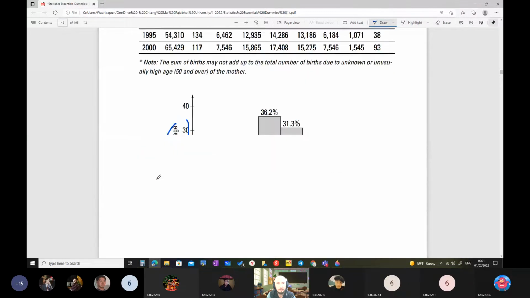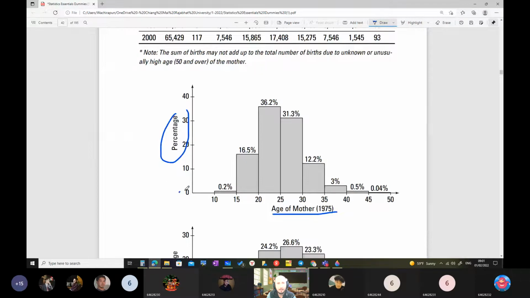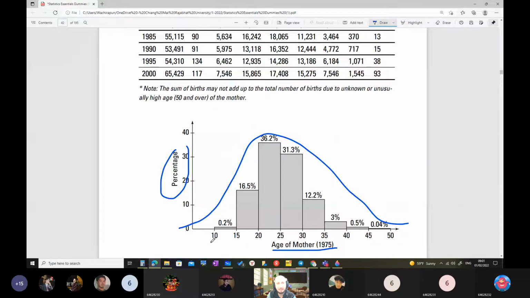Okay, so look, this looks like a normal distribution, right? So age of mother. Some mothers were 10, some mothers were 15. She is 15, she has a baby. Some mothers are 45.